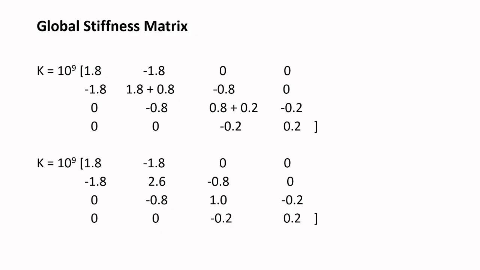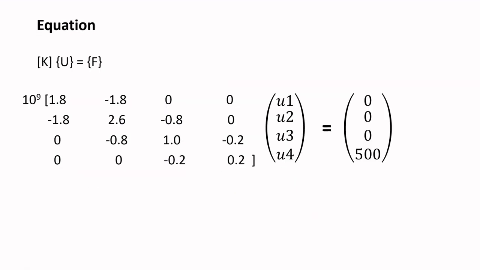To calculate the global stiffness matrix, we are going to assemble them by giving the notation of each displacement. So 1.8 plus 0.8 will give you 2.6, and similarly 0.8 plus 0.2 will give you 1. So those values will get added, and finally we calculated the global stiffness matrix.